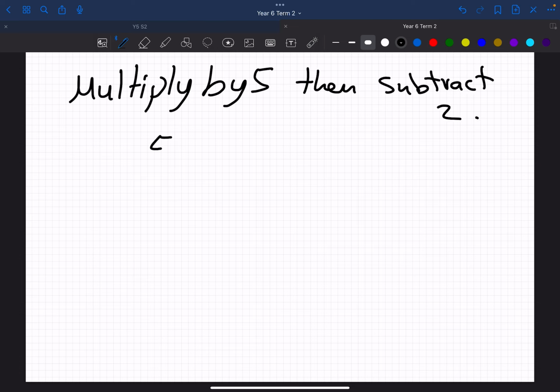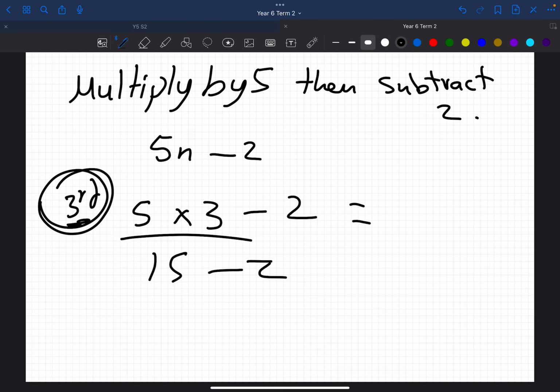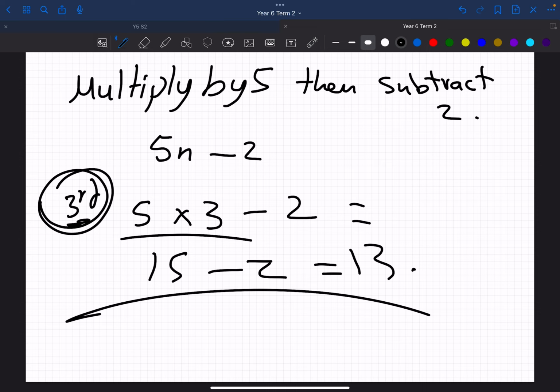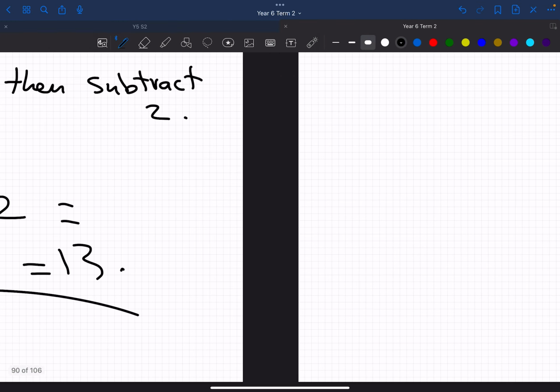So it means 5n minus 2, because the number is multiplied by 5, then subtracted by 2. What is the third? 5 times 3, minus 2. This is 15, 15 minus 2, 13. You got it now. This is called sequencing. It's a part of the lesson that we took during the class. Just a part, just a revision. Remember that.